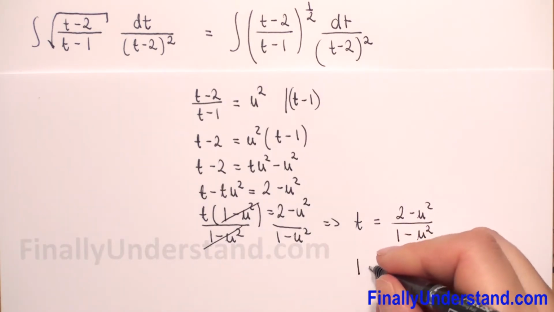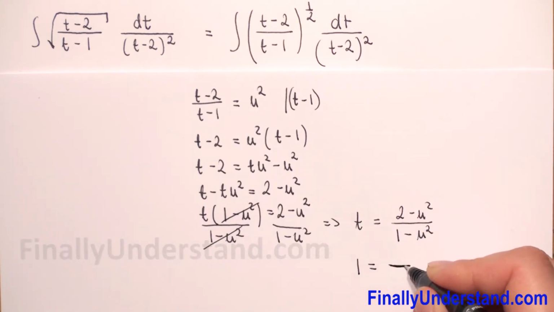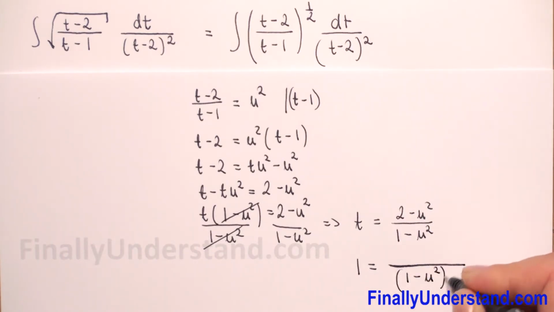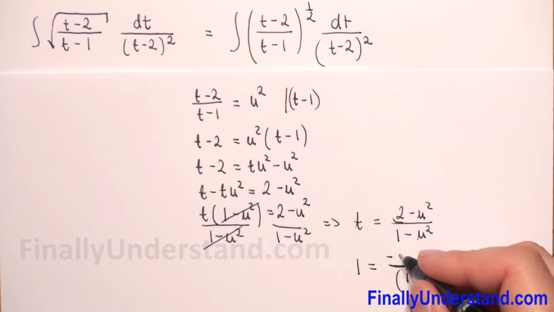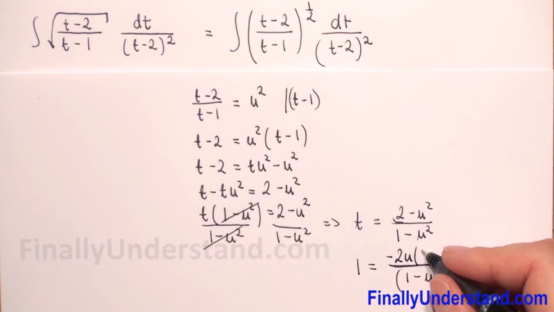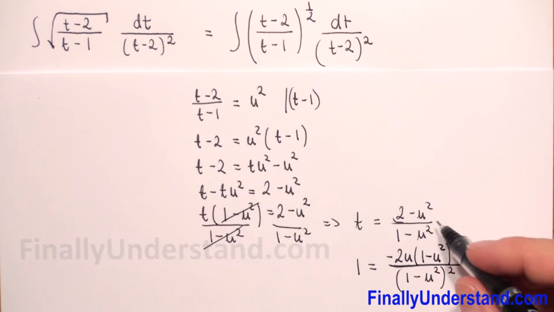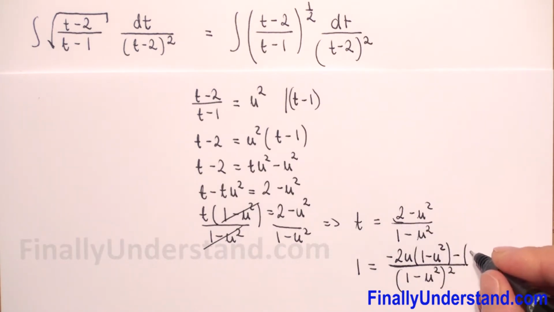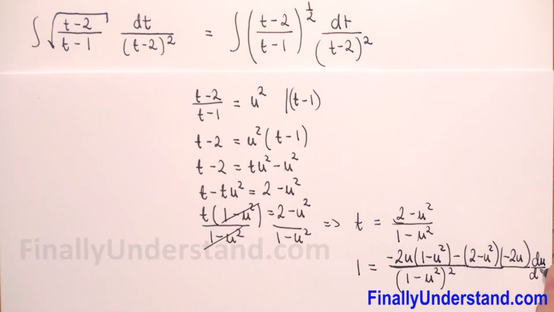So we will have 1 is equal to, and for the derivative we have a quotient here, so in the denominator we will have (1 minus u square) to the second power, and in the numerator first we have to find the derivative of the numerator, so it will be negative 2u times the denominator, 1 minus u square, minus, now we have to copy the numerator, so it's 2 minus u square times the derivative of the denominator, negative 2u, du over dt.